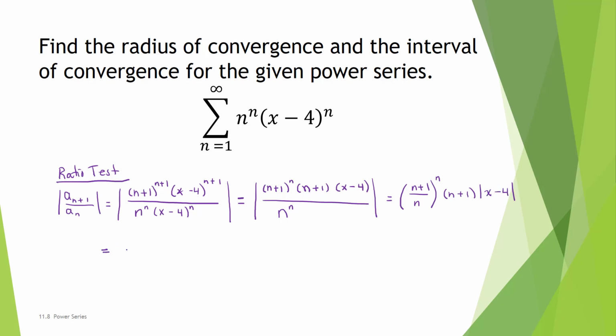That first fraction can be simplified as (1 plus 1 over n) all raised to the nth power. Then we multiply by n plus 1 and the absolute value of x minus 4. Now as n approaches infinity, we have a special limit. (1 plus 1 over n) to the n power approaches the number e.